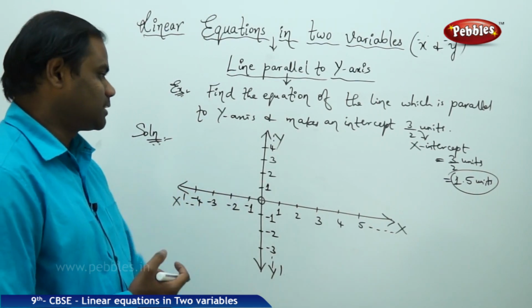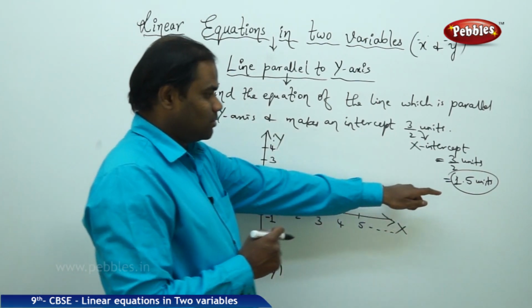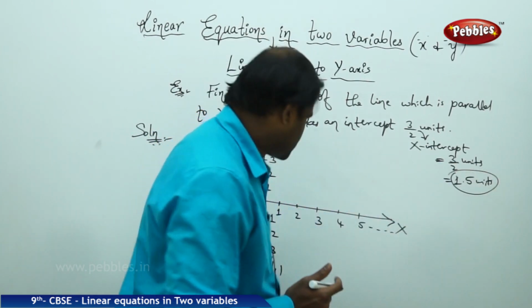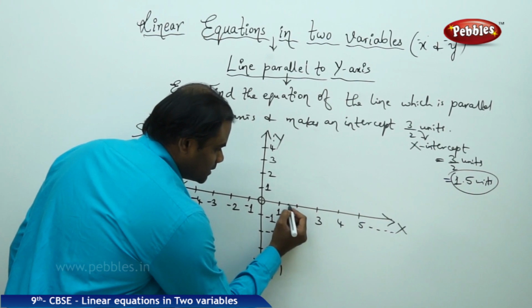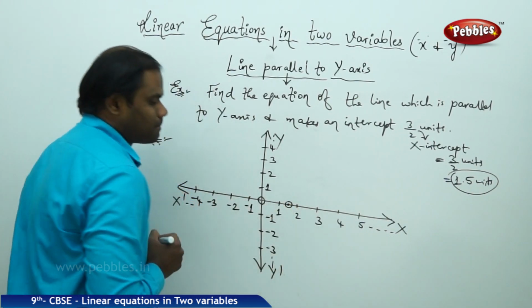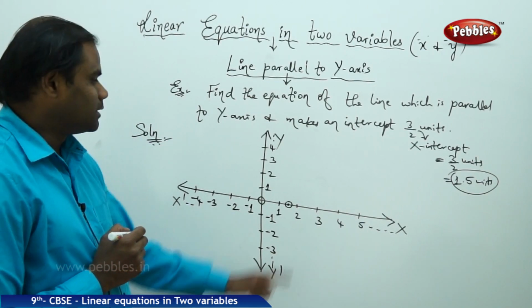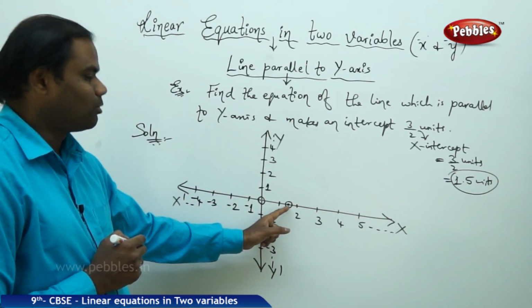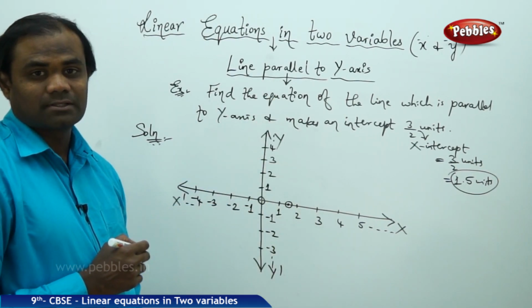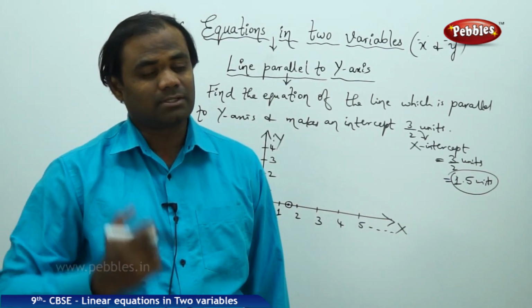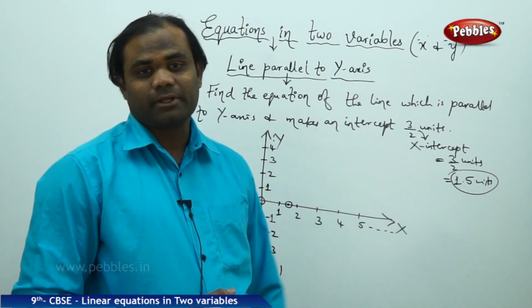and parallel to y-axis. As we know that the value 1.5 units is located exactly in the middle of 1 and 2, this is the x-intercept. And of course, the line passes through this point exactly in the middle of 1 and 2 and parallel to y-axis is how the question is analyzed through the Cartesian plane.